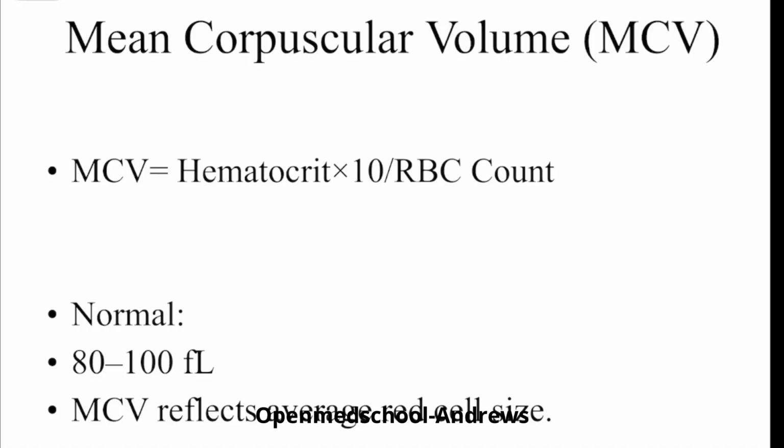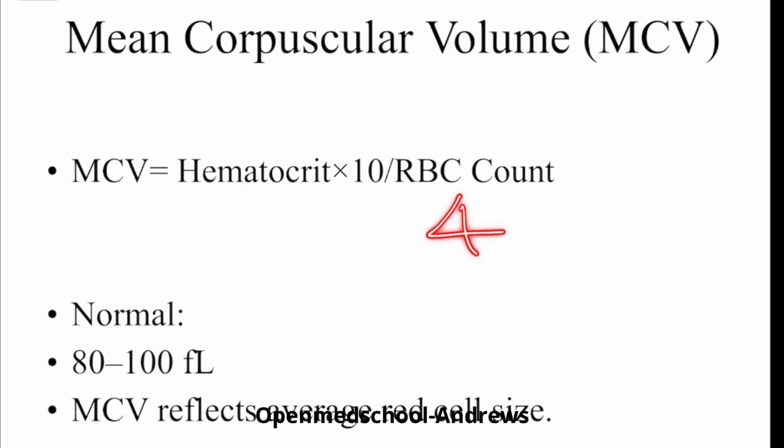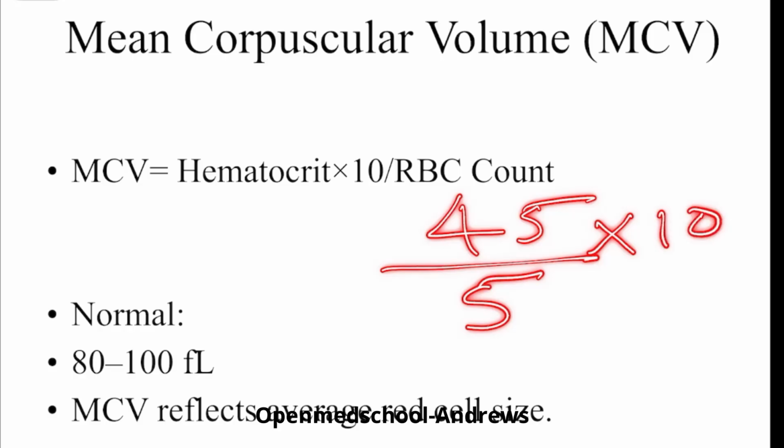It is calculated by hematocrit divided by RBC count in millions, times 10. For example, if the hematocrit is 45 and the RBC count is 5 million, then the MCV will be 90 femtoliters. This is how you calculate.